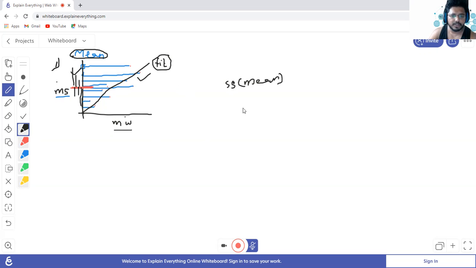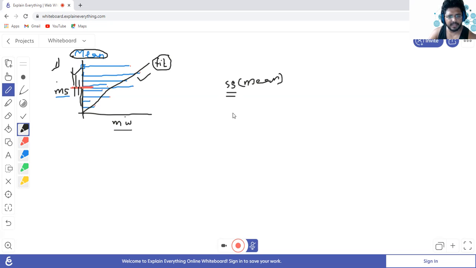So SS mean: the data on the y-axis subtracted from the mean value of the y-axis, squared and added. So this is called the SS mean, sum of squared residuals from the mean.